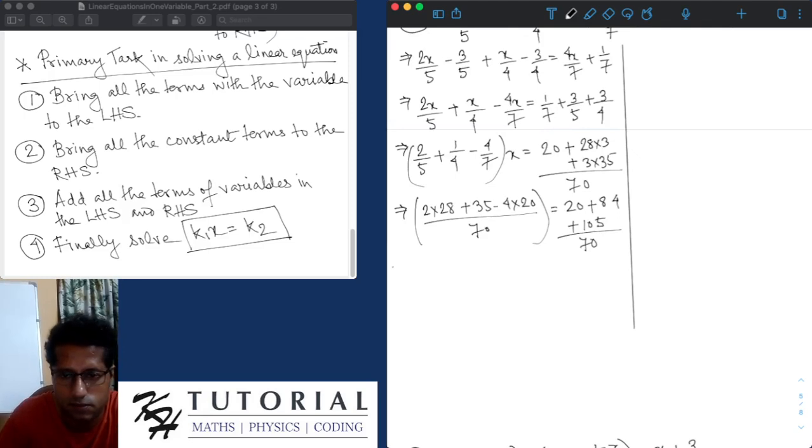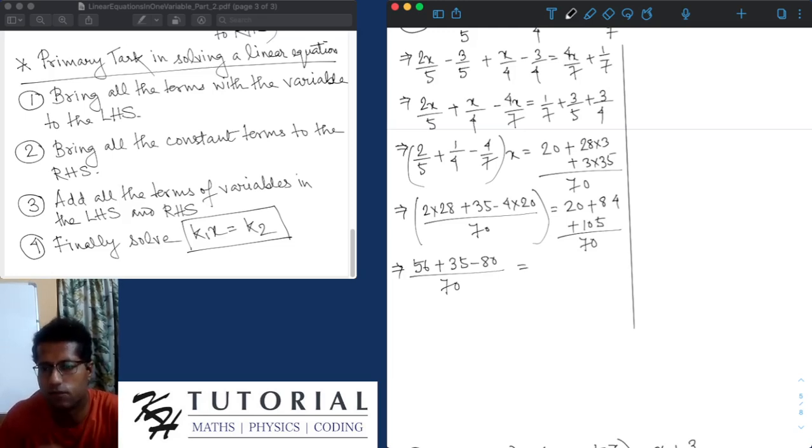Also the LHS, if we simplify it, becomes 56 plus 35 minus 80 divided by 70, and the RHS becomes 20 plus 84 is 104, and 104 plus 105 is 209 by 70.